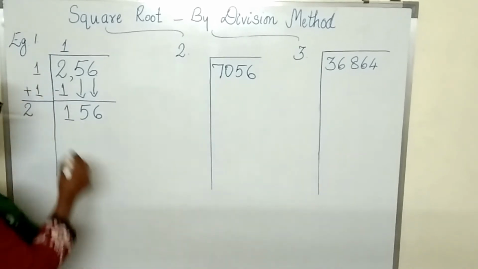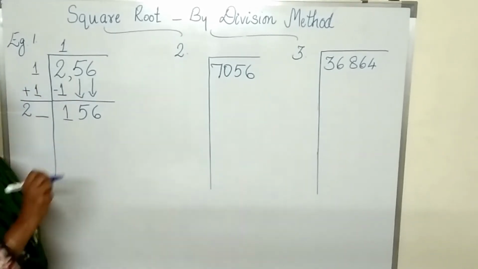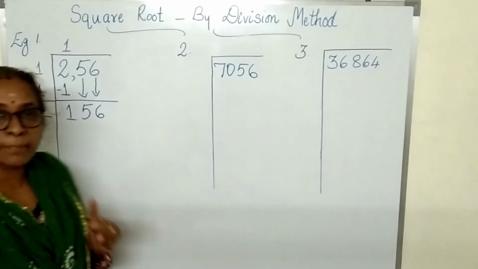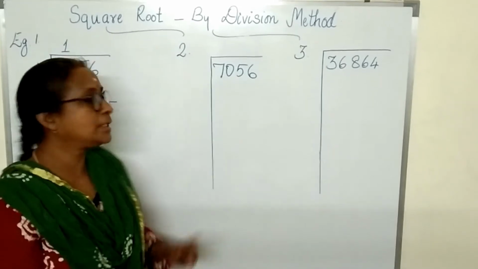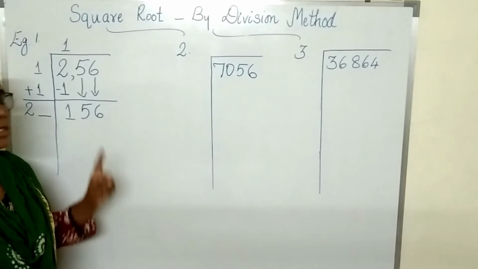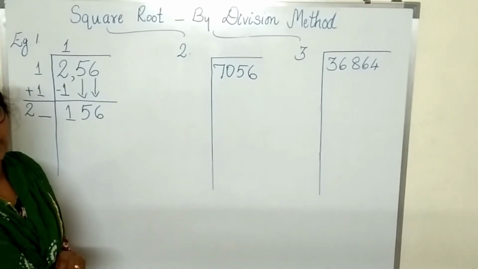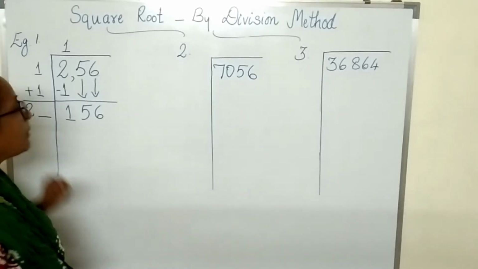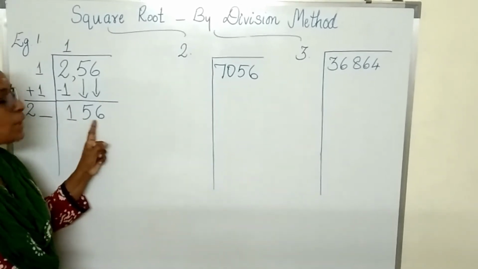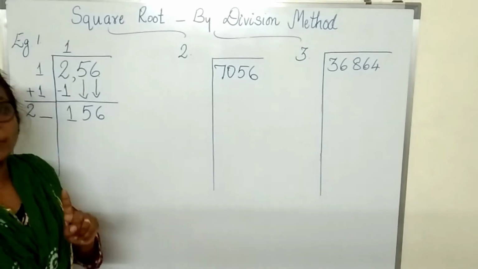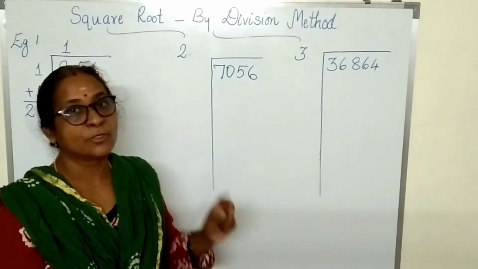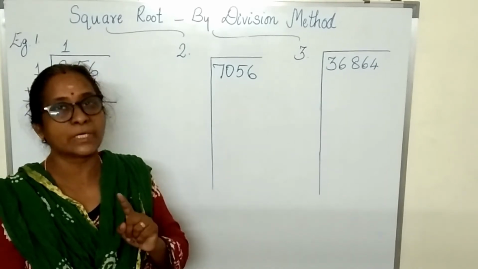Write a digit here and then multiply by that digit to get the number 156 or something less than 156. So let us see by which numbers we can multiply. You know that 4 4s are 16 and 6 6s are 36. So we have to try with these two numbers first.